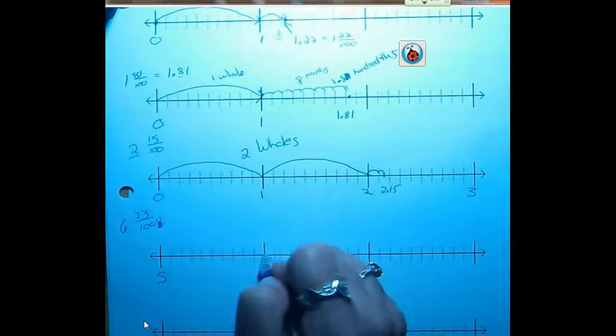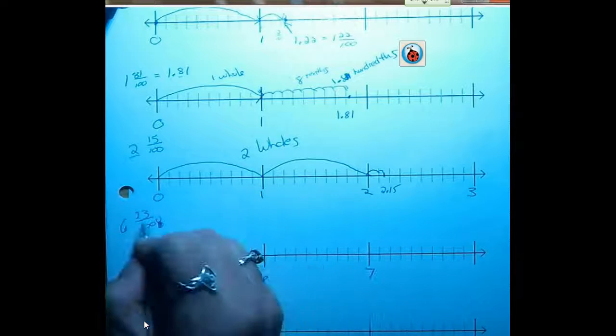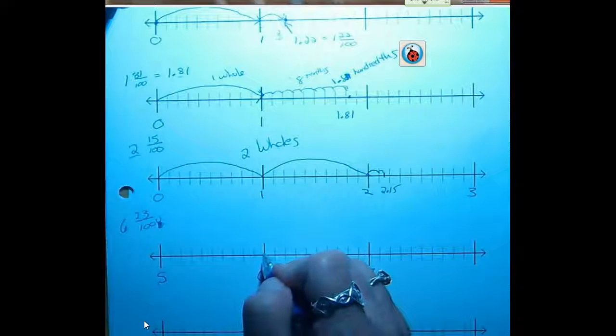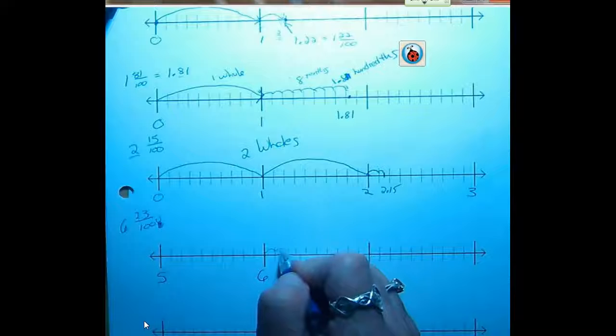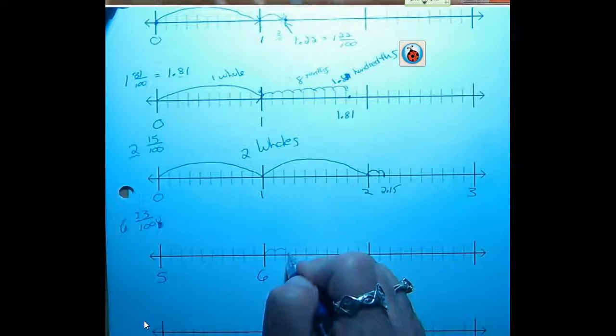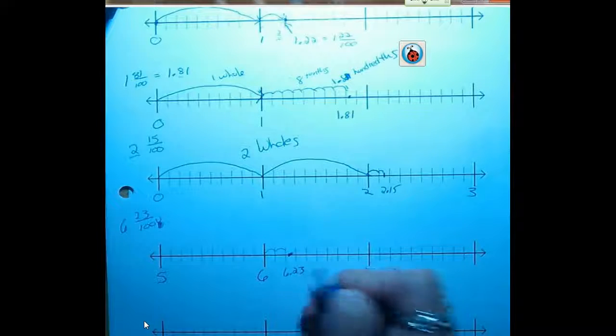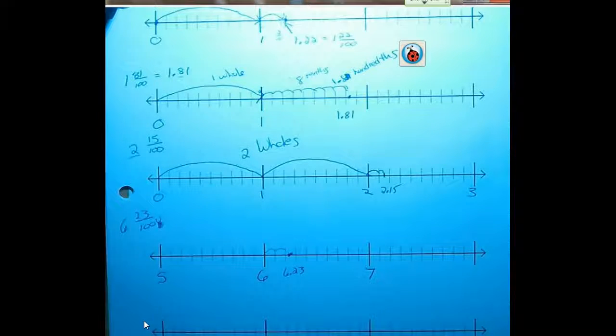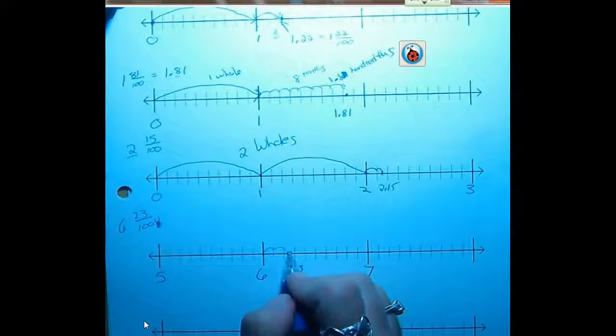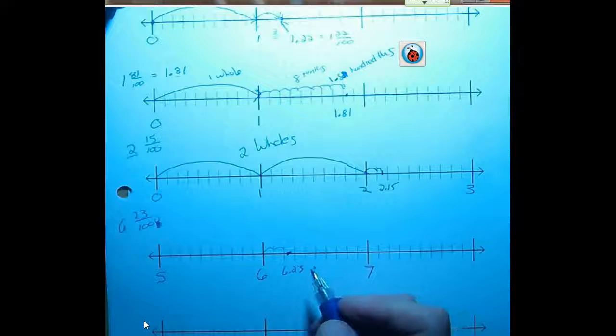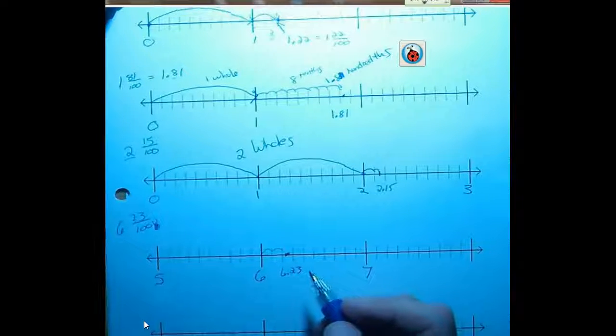So I'm going to start at 6. And I'm going to then go to 23. So then I'm going to go 10, 20. 23 is going to be somewhere right around here. That would be 6.23. And again, we're estimating, we're not being exact. If you look at a centimeter chart ruler, you can look at that and you can get the exact line.